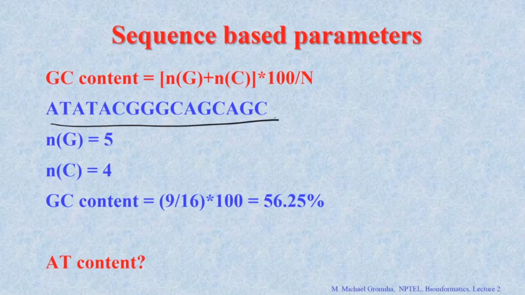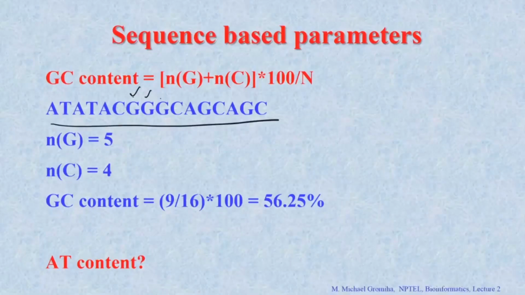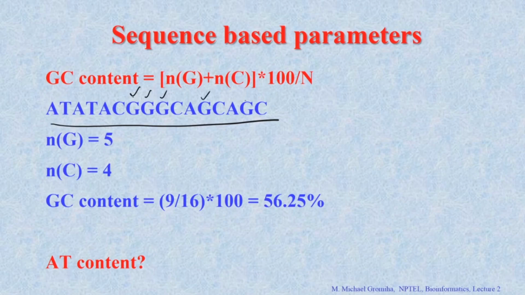So, now this is the sequence. What is the GC content? For this case, GC content means the percentage of G and C in the particular sequence. First we get the number of G. How many G's here? 1, 2, 3, 4, 5, so the number of G equals 5.